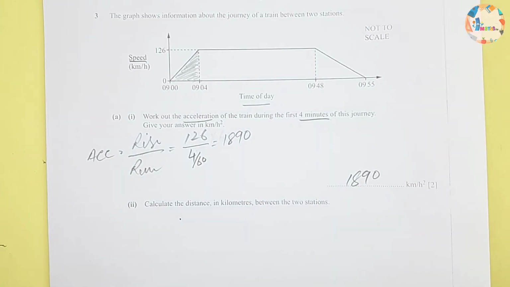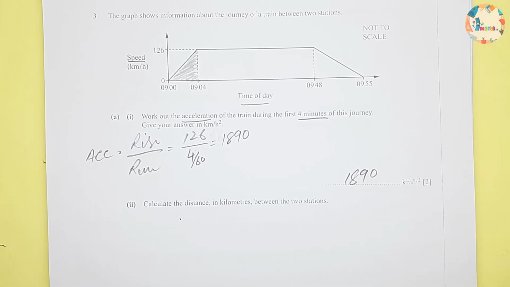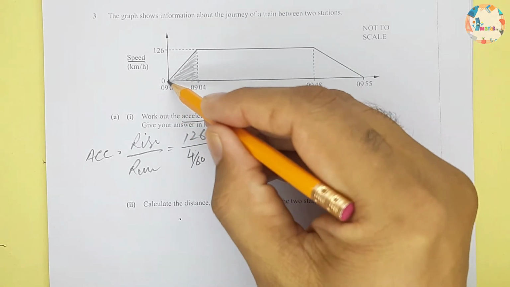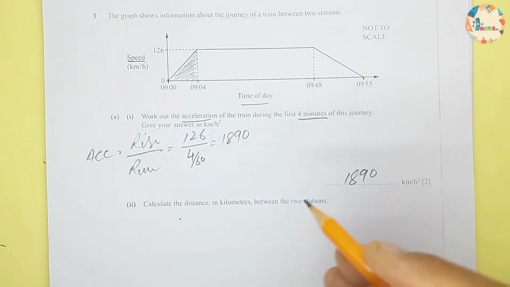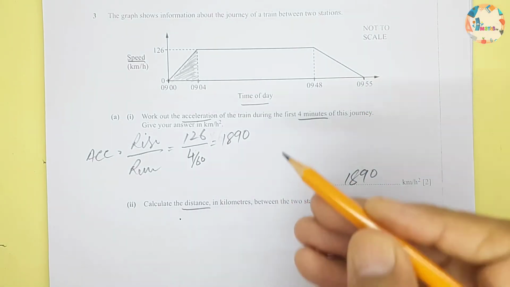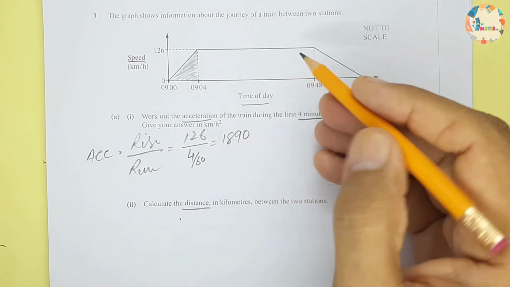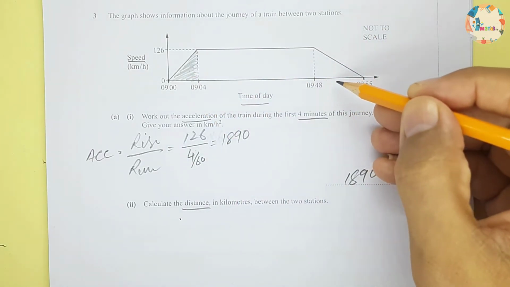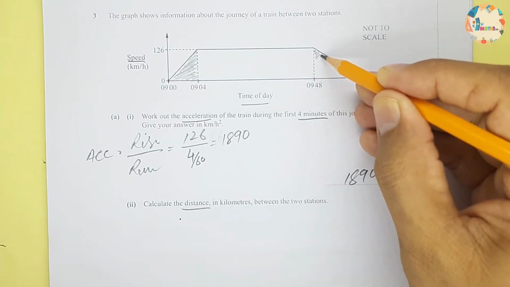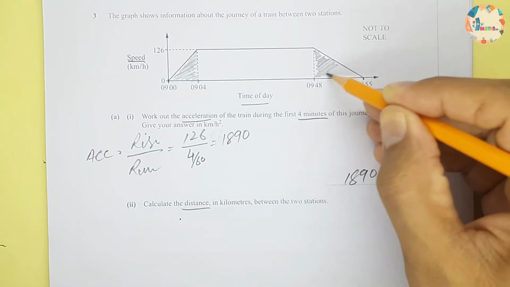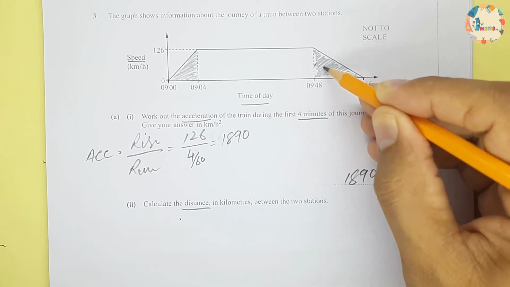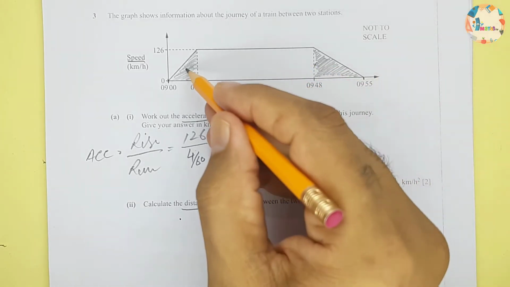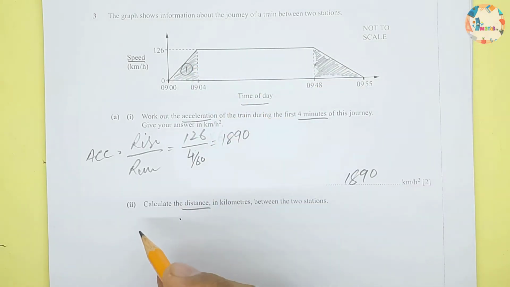Calculate the distance in kilometers between the two stations. So two stations, this is basically station 1 and this is station 2, and distance is what? Distance is area under the graph in case of speed time graph. So we will consider this triangle and this one as well. So we will consider these two triangles plus this rectangle. So first of all, I will be considering this triangle 1.